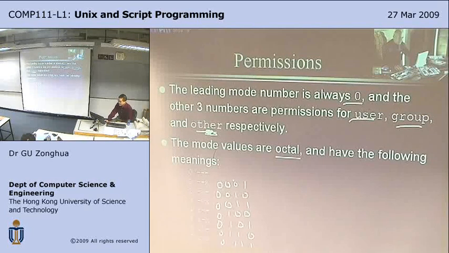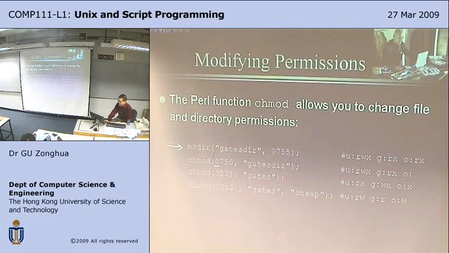The 0 really means the 0 before the three parts, the three octal numbers, not in front of each one of the octal numbers. So chmod 750, and you can also chmod multiple files in a single command.